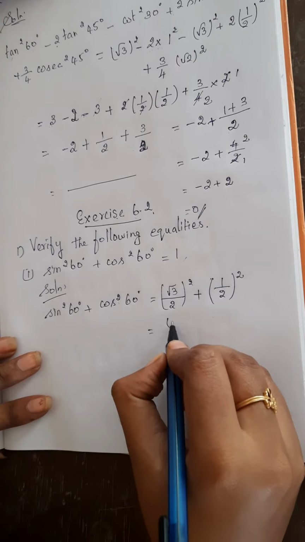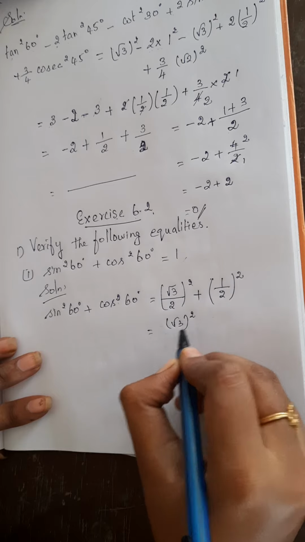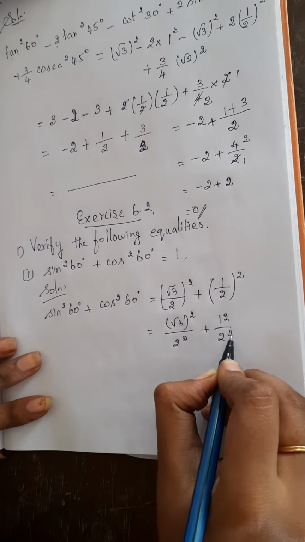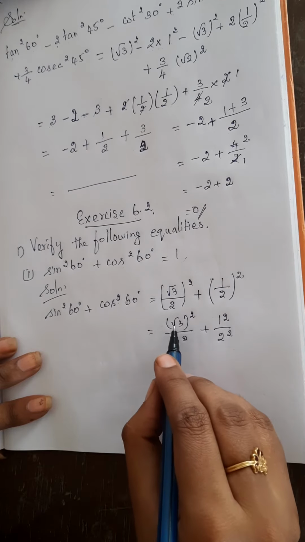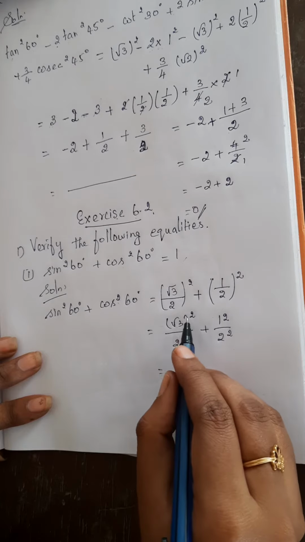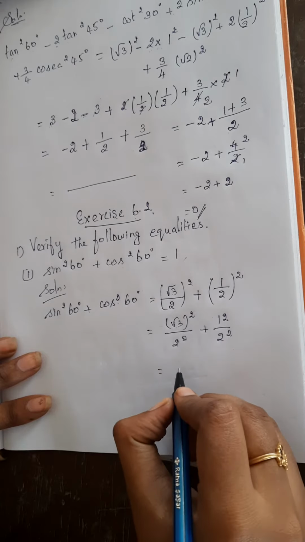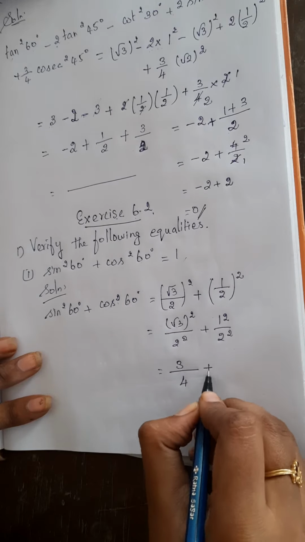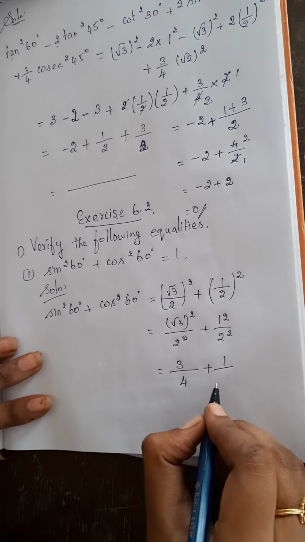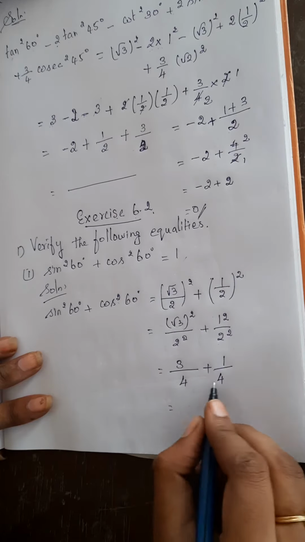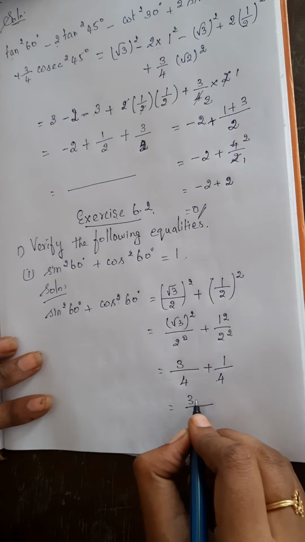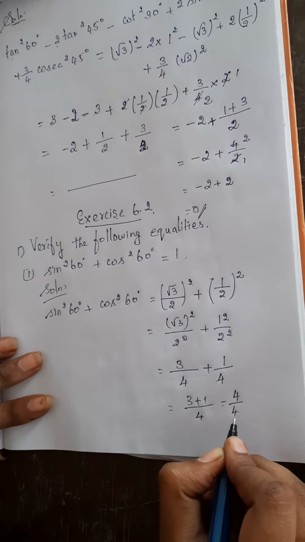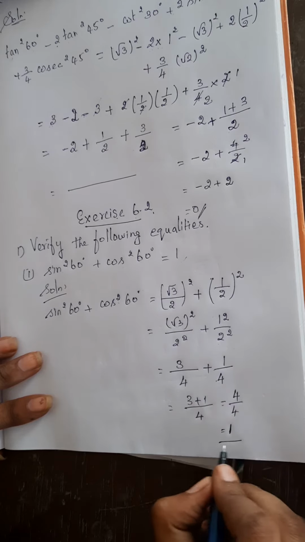Then root 3 the whole square by 2 square plus 1 square by 2 square. That is equal to root 3 square. Then square root and square will be cancelled. Only 3 will remain. 3 by 2 square value is 4 plus 1 square value is 1. 2 square value is 4. So common denominator 4. 3 plus 1 by 4. 3 plus 1, 4. So 4 by 4 equal to 1. Hence we prove that. Okay.